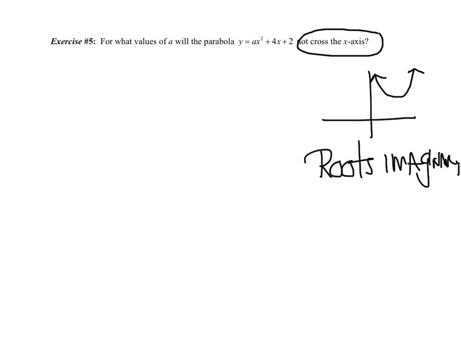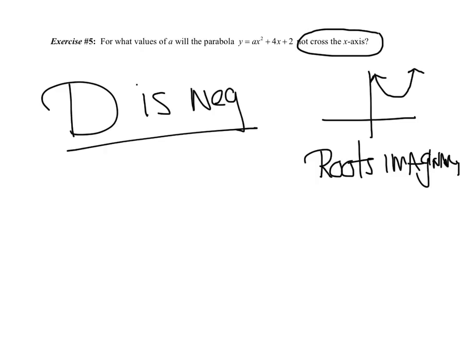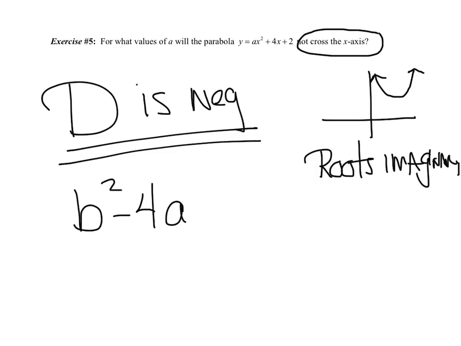And if the roots are imaginary, that means that the discriminant is negative. So I need to figure out how to make my discriminant negative. I'm going to start with b squared minus 4ac, and if it's negative, that means this number has to be less than 0. Keep that in mind. If I'm negative, I'm a number smaller than 0.